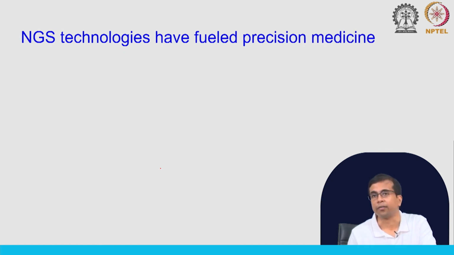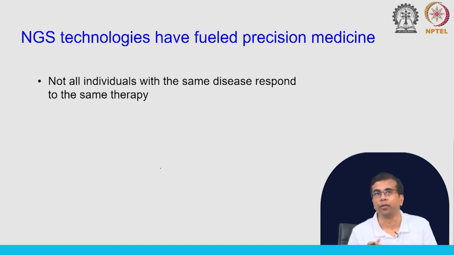Now, NGS technologies, through this application of genomics and transcriptomics, have built something called precision medicine. We can now study patients in much more detail, rather than just the symptoms or some traditional diagnostics. We can study the genomic changes and the transcriptomic changes, and we understand that even two persons with the same disease may not respond to the same therapy. Not all individuals will respond to the same therapy, and this has been seen a lot in cancer.